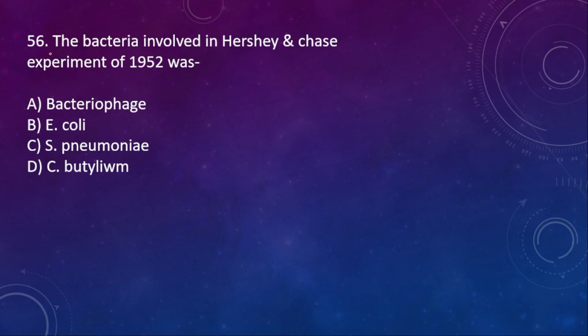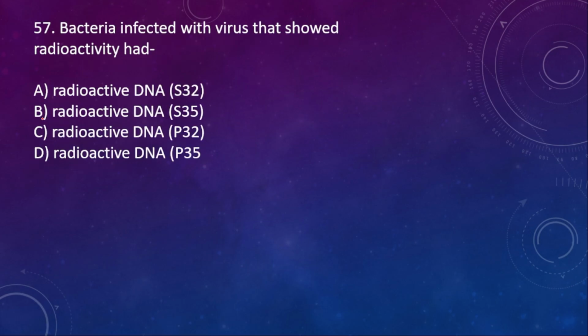Next, 56. The bacteria involved in the Hershey and Chase experiment of 1952 with bacteriophage was: E. coli, Streptococcus pneumoniae, or Botulinum. So here the right option is E. coli. 57. Bacteria infected with virus that showed radioactivity had: radioactive DNA S32, S35, radioactive DNA P32, or radioactive DNA P35.